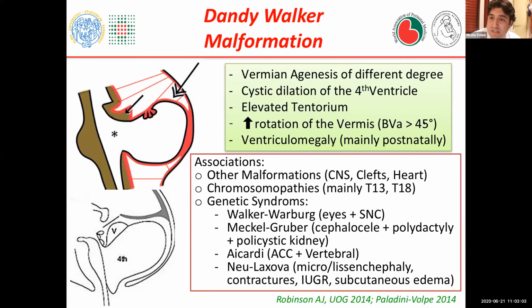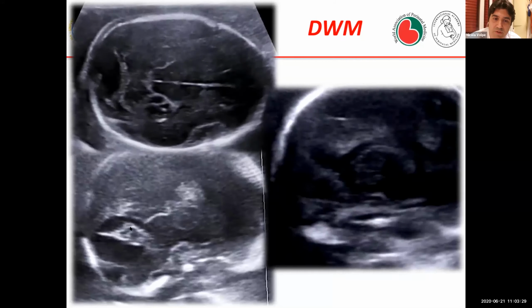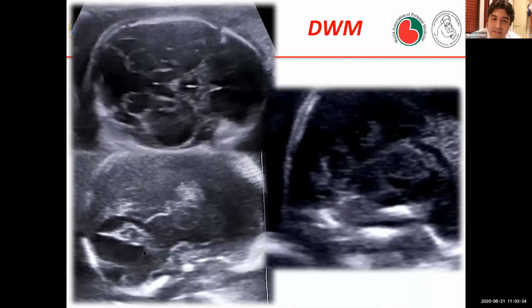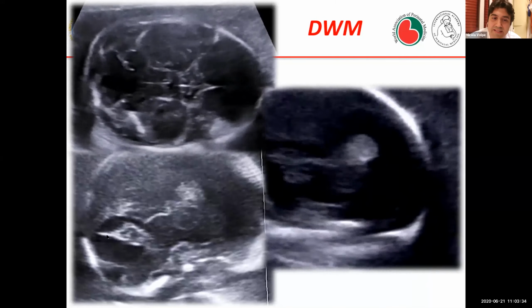I'm not going into the prognosis of these and association of these because I want to focus on the diagnosis. These are examples of the dilation of the fourth ventricle into the cisterna magna. And you can see here, this is the corresponding video, how small is the vermis, how wide is the angle, and we can also see another little thing, that is the position of the choroid plexus.